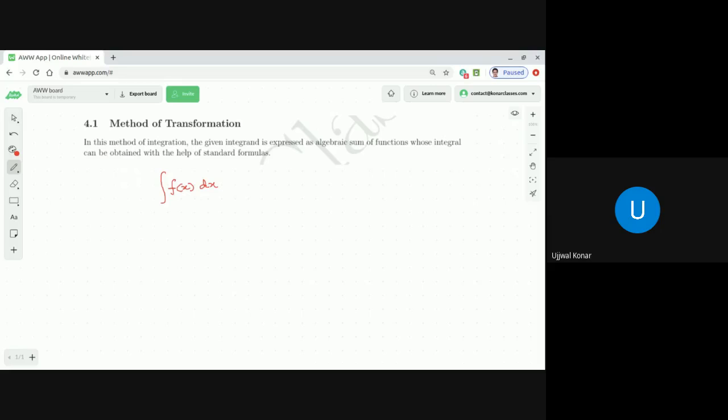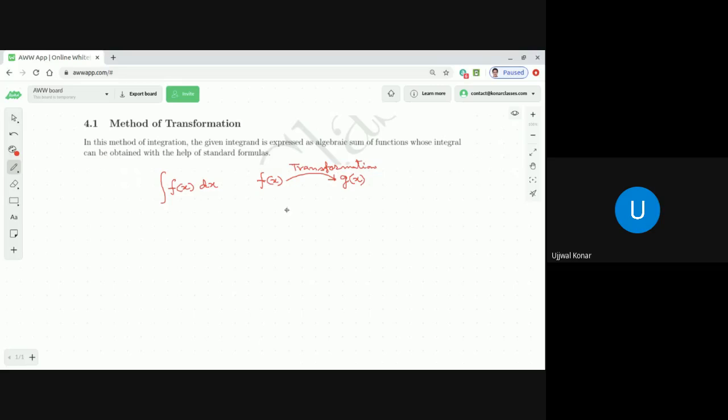Then we will think, can we transform this function f(x) to some other function g(x) so that I can easily integrate that g(x)? Are you getting my point? That transformation we are going to learn now. It is better to learn by means of some examples.